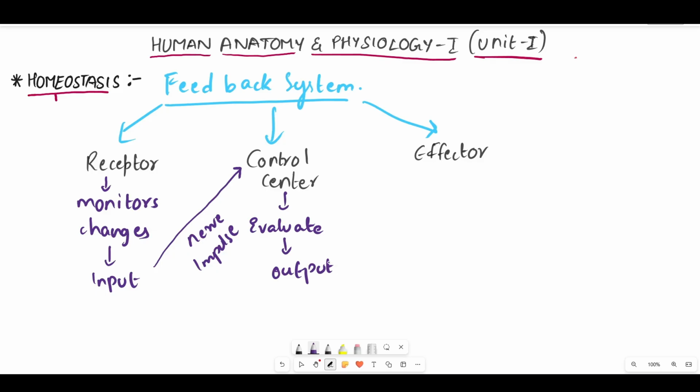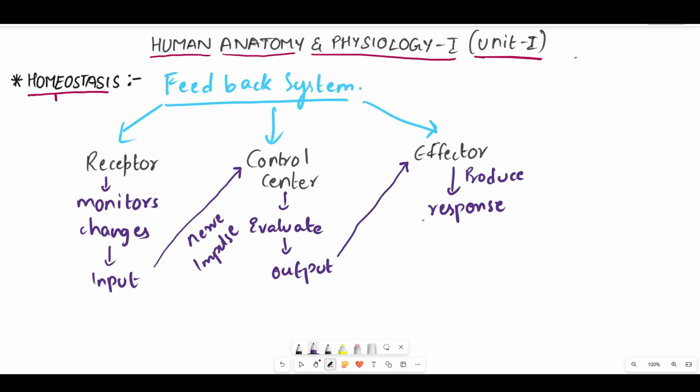Once the output is obtained, it is sent to the effector. The effector receives the output from the control center, thereby producing the response. This is the basic pathway.